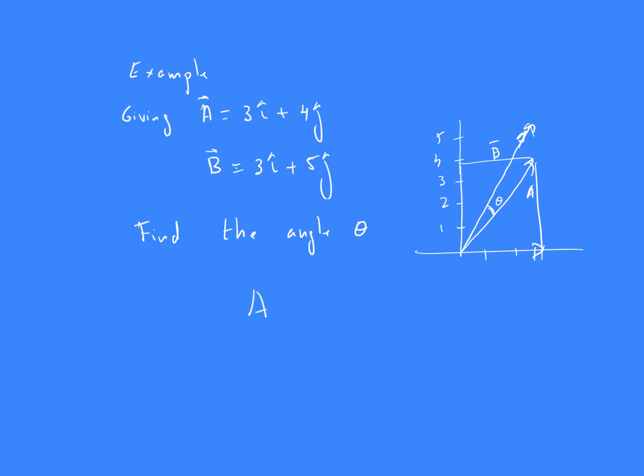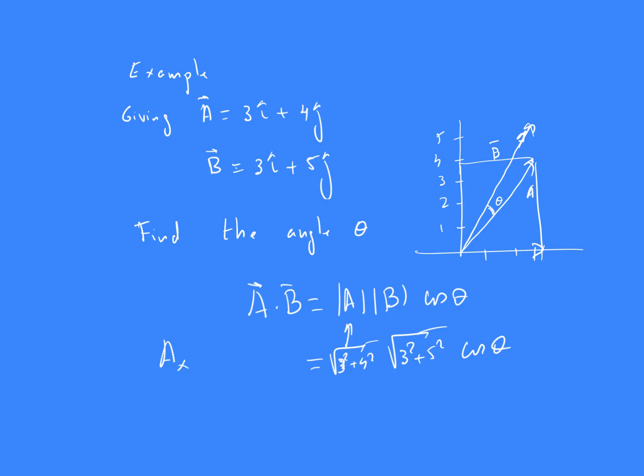You will do A dot B equals the magnitude of A times the magnitude of B times the cosine of theta. The magnitude of A I know, the square root of 3 squared plus 4 squared. The magnitude of B I know, the square root of 3 squared plus 5 squared. The cosine of theta I don't know. I'm looking for the angle theta. So what is this?